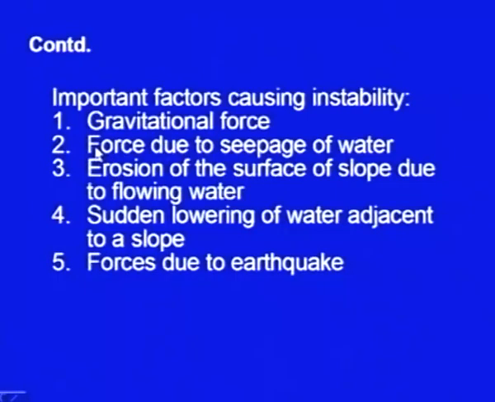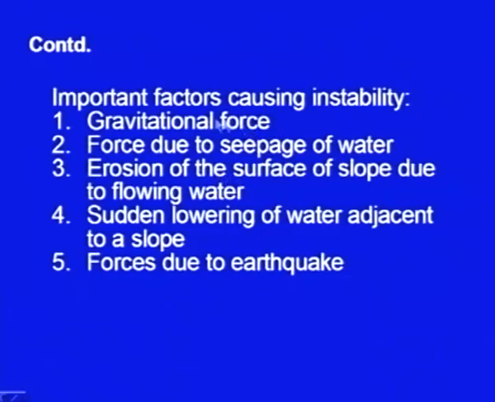Then there are other things I did not discuss. Force due to seepage of water. If the water is seeping through the soil mass, then there are additional forces which will come into the picture. Then there may be erosion of the surface of the slope due to flowing water. The erosion of the surface will have an effect on the gravitational forces.